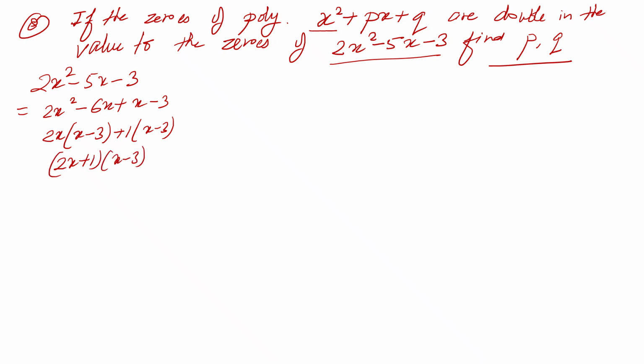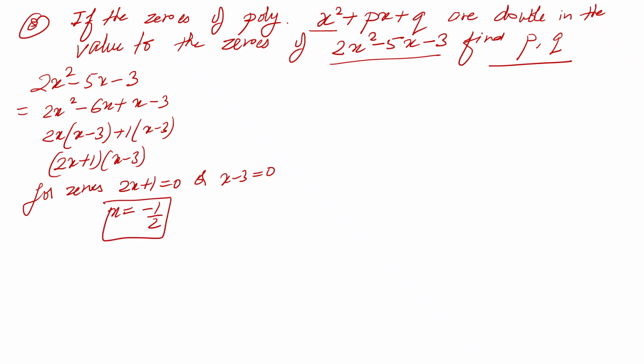So zeros are given by, for zeros, 2x plus 1 will be 0 or x minus 3 will be equal to 0. So you get x as minus half and x as 3. क्लियर है?